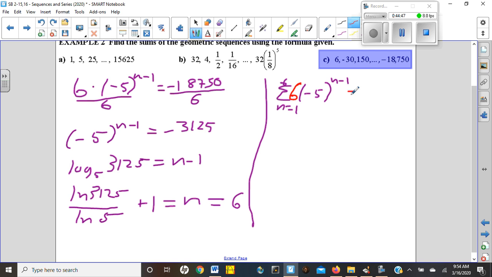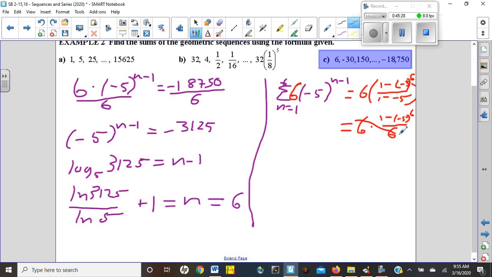And we know that it's equal to the first term, which is 6, multiplied by 1 minus, and then you really got to be careful about using parentheses here. Your calculator, especially if you don't put the negatives in the parentheses, won't use the exponents correctly. But we're 6 exponents out, divided by 1 minus negative 5. So we're going to get 6 times 1 minus negative 5 to the 6th power over 6.